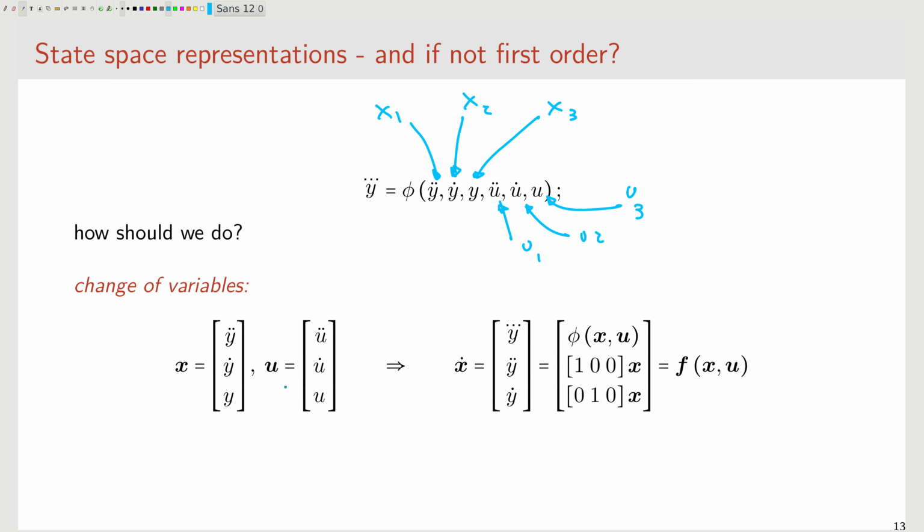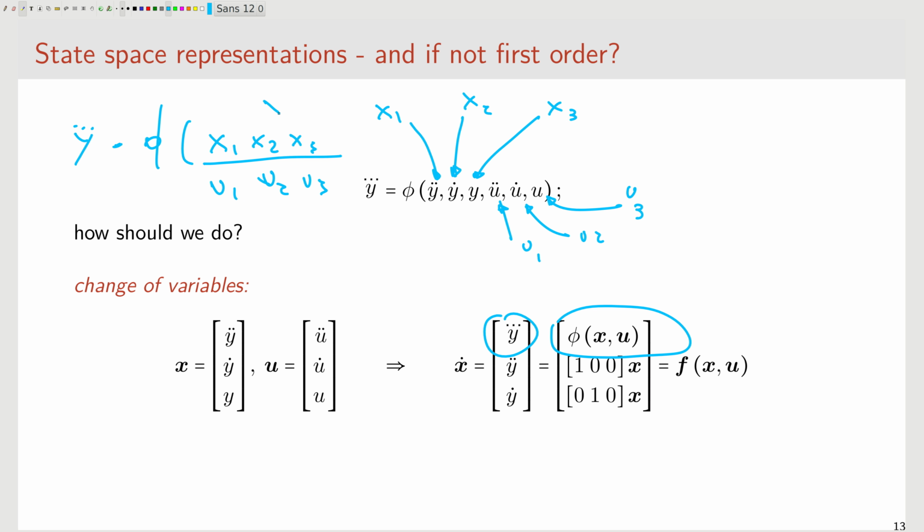First of all, we know that y triple dot will be equal to phi of x1, x2, x3, u1, u2, u3. This is x, this is u, and so you see it directly.